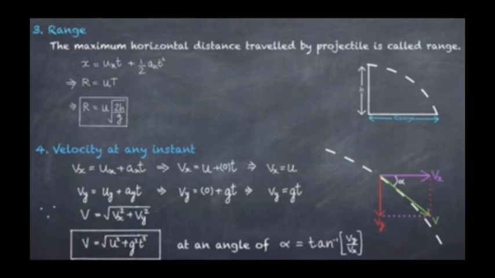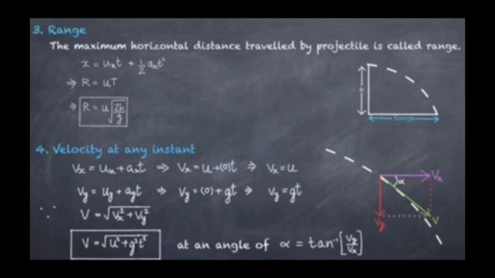Then v of x is equal to u plus a of x, which is 0, into t. So v of x is equal to u. Then the velocity component along the y direction is v of y is equal to u of y plus a of y into t. Since u of y is equal to 0 and a of y is equal to g, we get v of y is equal to g into t.